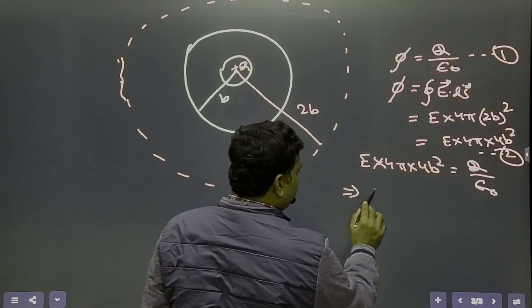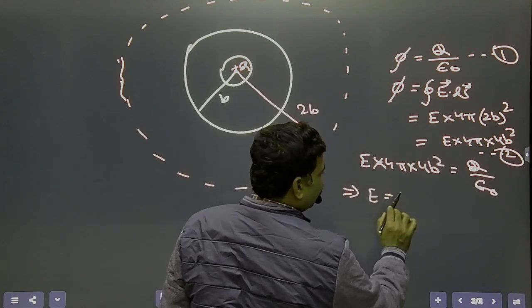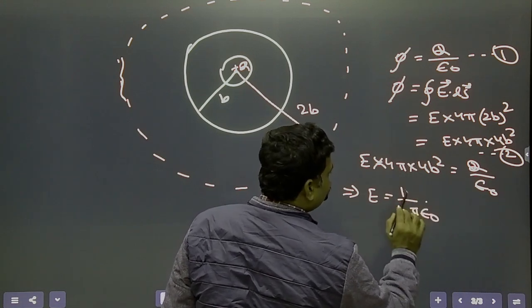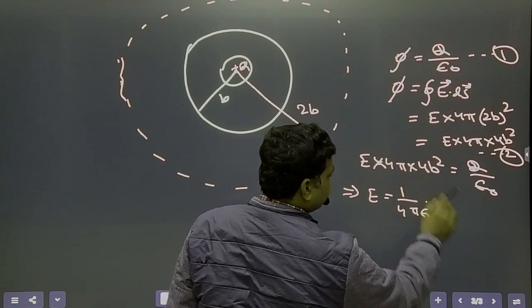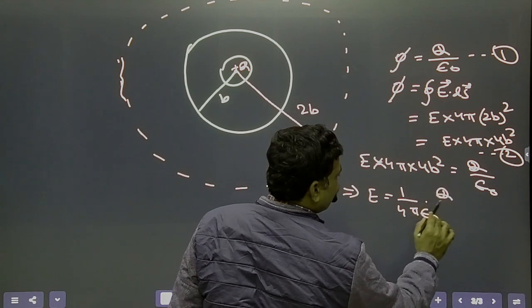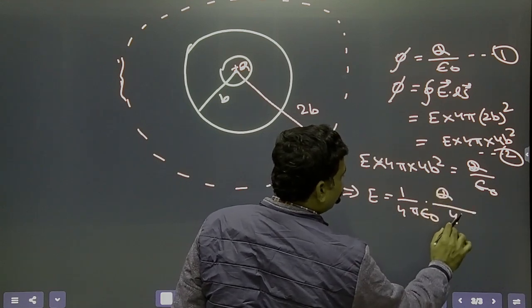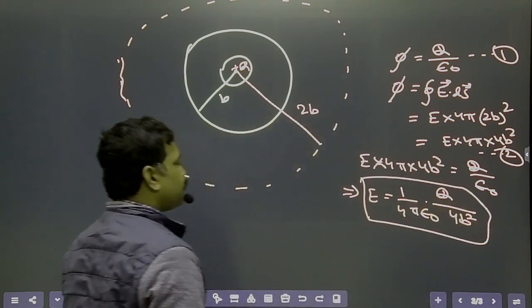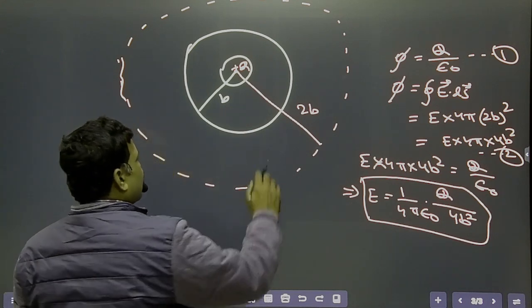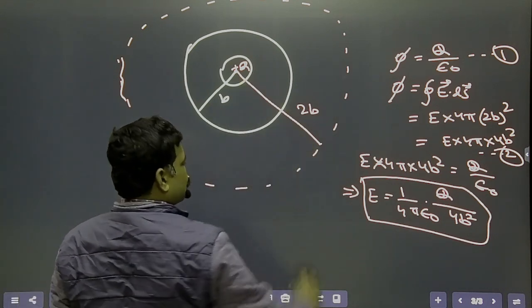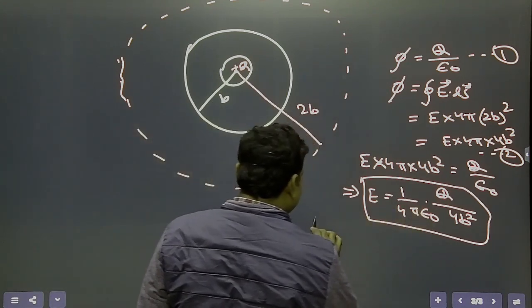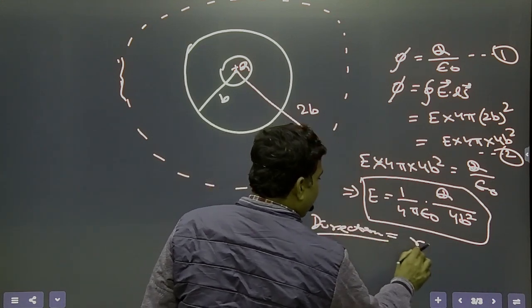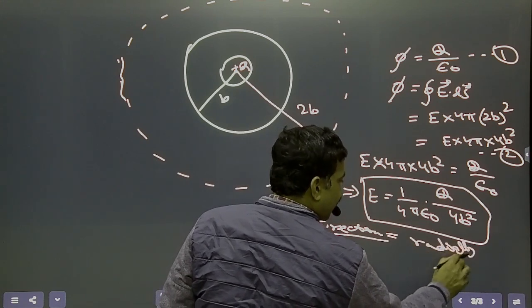So the value of E will be 1 upon 4 pi epsilon naught times Q upon 4B square. This is the formula to find the electric field at the Gaussian surface having radius 2B. The direction in this case will also be the same, radially outward.